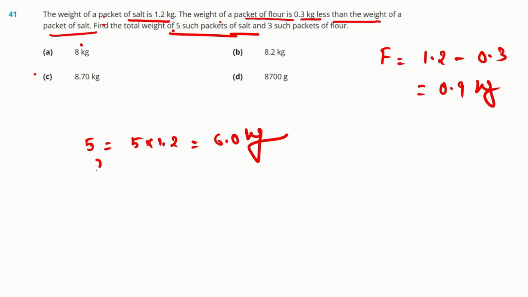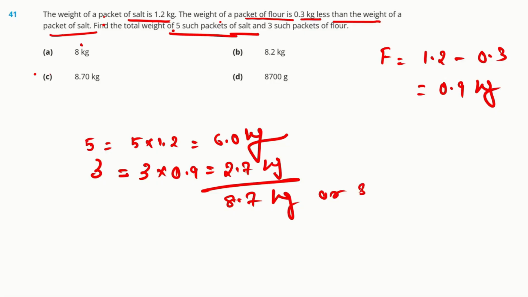And 3 packets of flour would weigh 3 times 0.9, which is 2.7 kg. Together they would weigh 8.7 kg or 8,700 grams. Option D is the answer. We cannot mark 8.70 because that's a wrong answer. That shows 8 kg 70 grams.